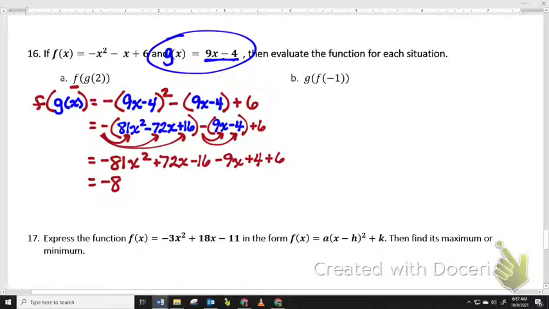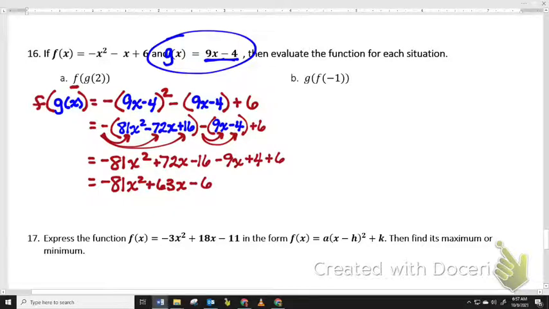Combine my like terms together. 72 minus 9, what's 63? Plus 63x. I have negative 16 and a positive 10, so minus 6.